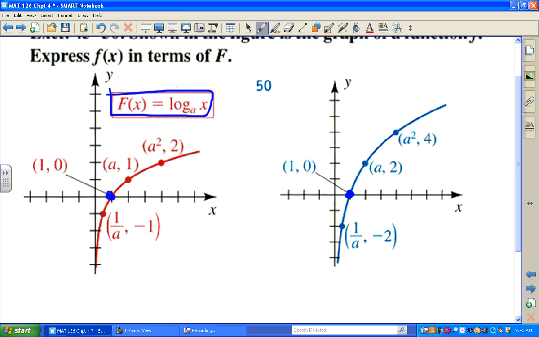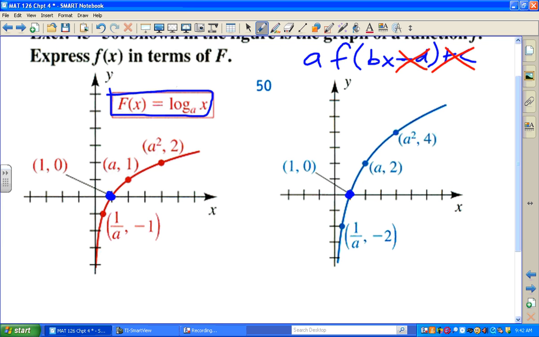If I look at A f of b, x minus d, plus c, since the point 1, 0 is on there, nothing has been moved up, down, left, or right. That's what the 1, 0 tells you.